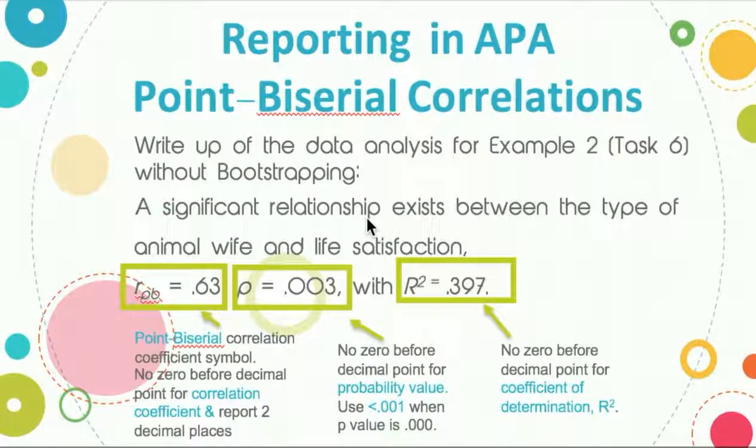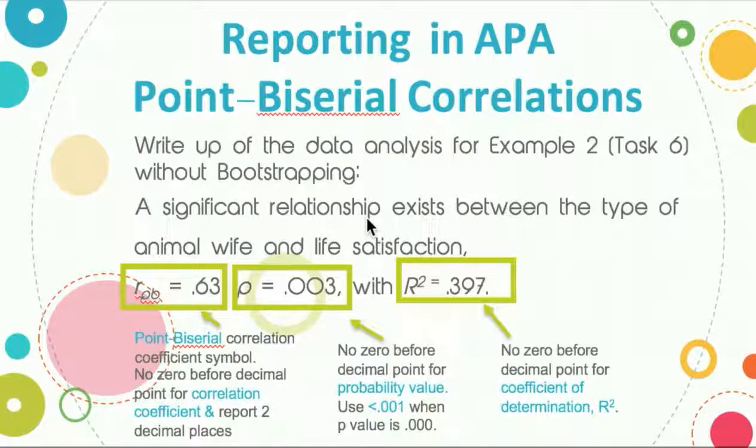We only report 2 decimal places, and we do not include a 0 before the decimal point because you can't have a correlation greater than 1. And then we will report the exact probability value of 0.003.